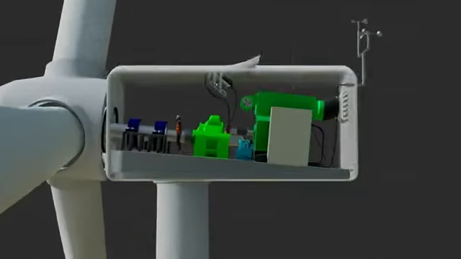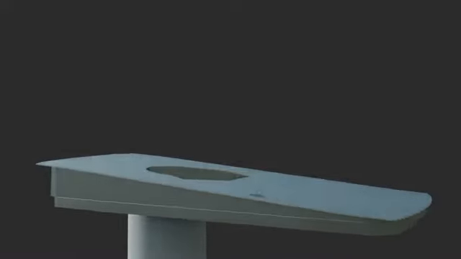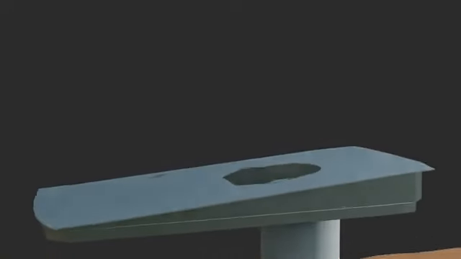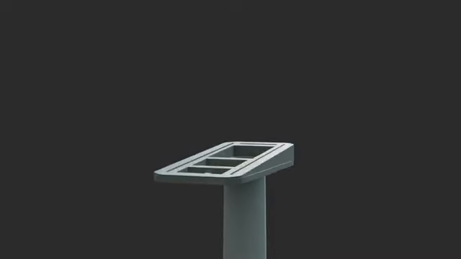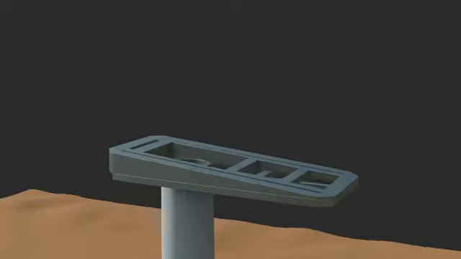The bed plate is the critical structural component that creates the rotor tilt. Think of it as the chassis or the rigid floor frame of the nacelle. While the tower stands perfectly vertical, the bed plate acts as a structural wedge. The bed plate is a massive piece of cast iron or welded steel. It is not a flat slab. It is designed with a specific geometry to create the tilt.